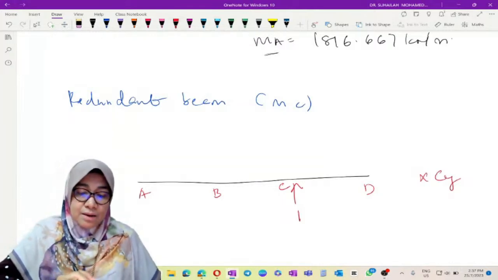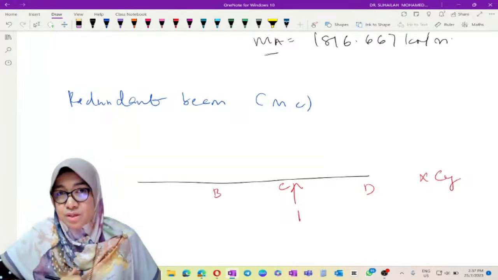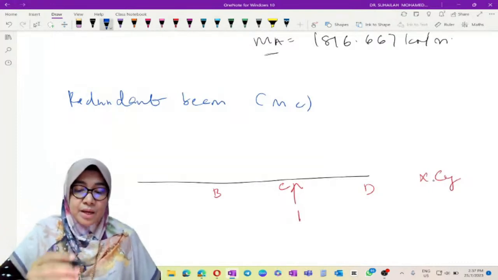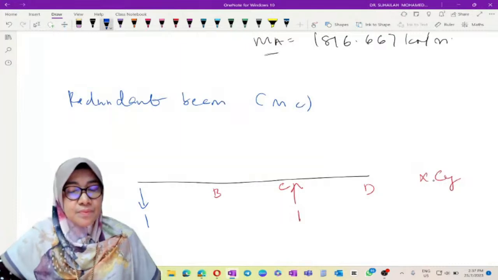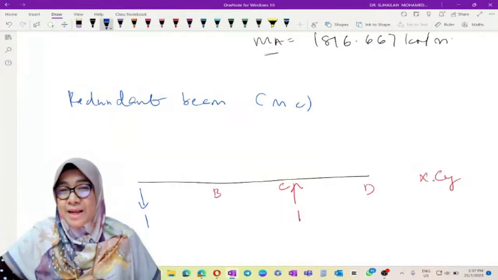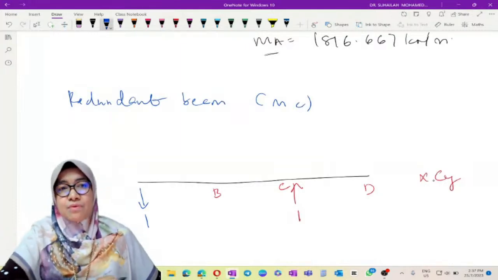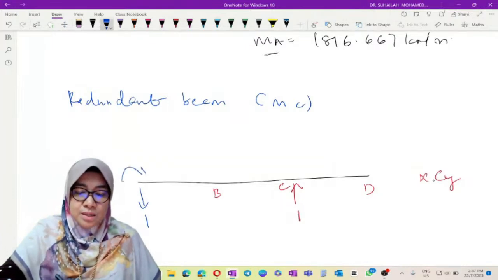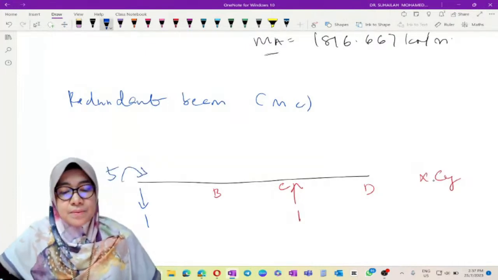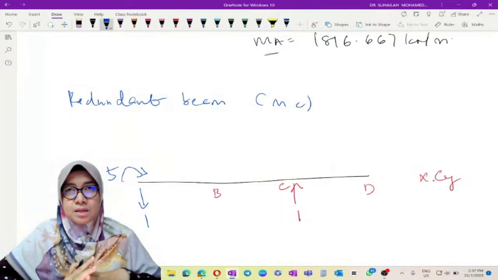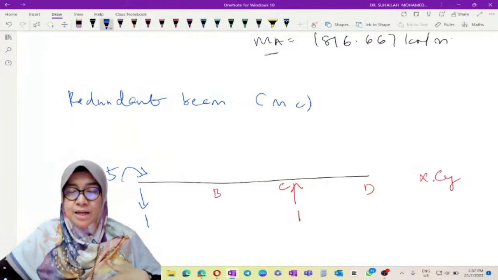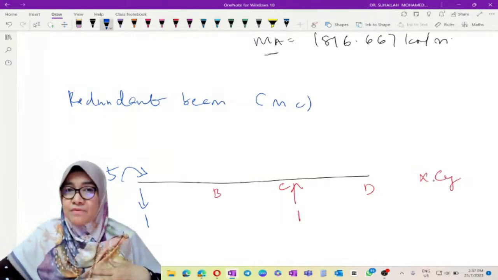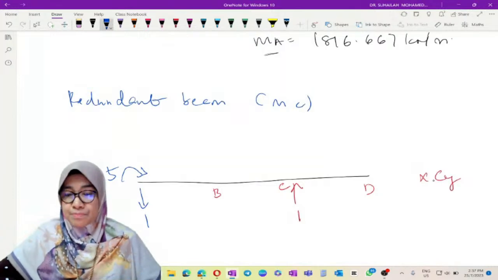So we have to calculate the reactions, and we get this one is like this, one negative, one positive. And for the moment, it is like this. So this is the MA value and AY value for the redundant beam.